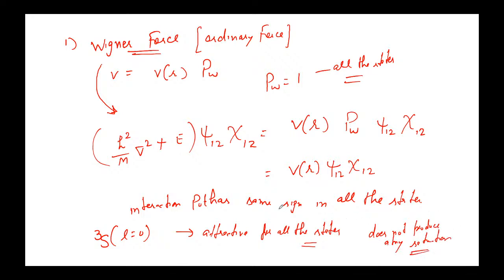But the idea of this Wigner operator has been proved wrong, because Wigner gave his theory based on two assumptions.